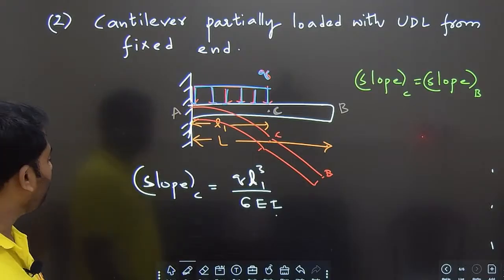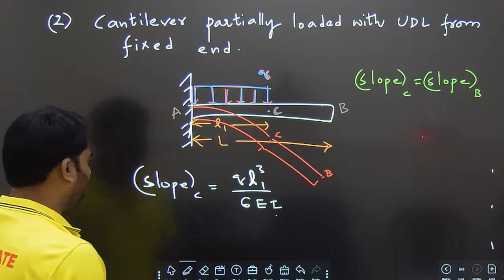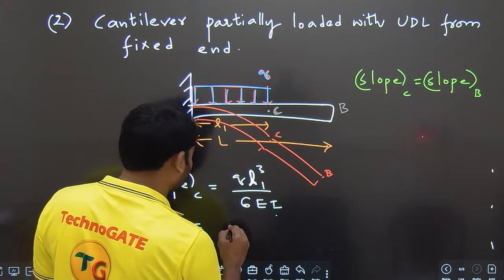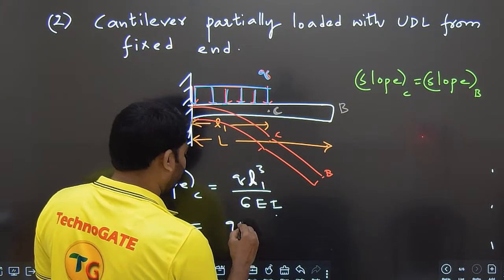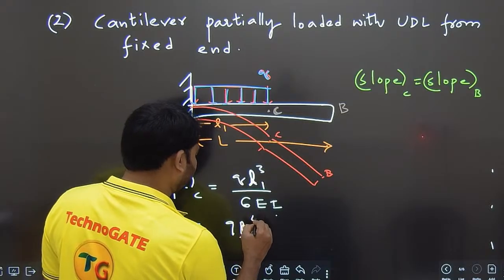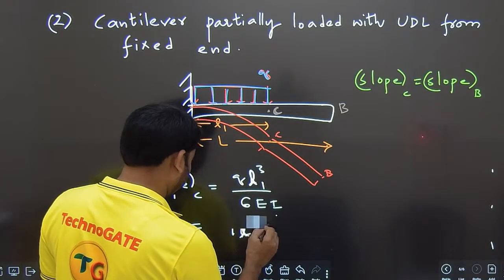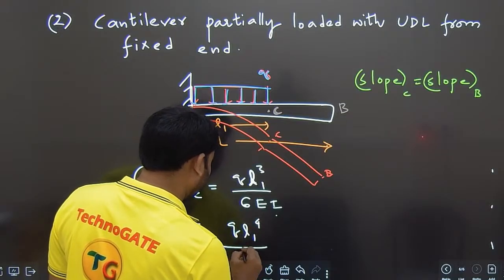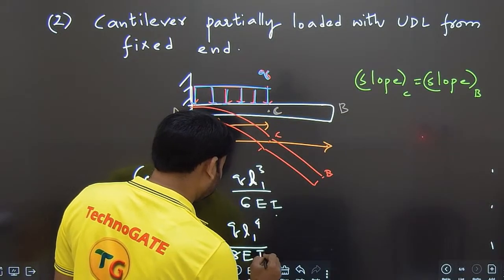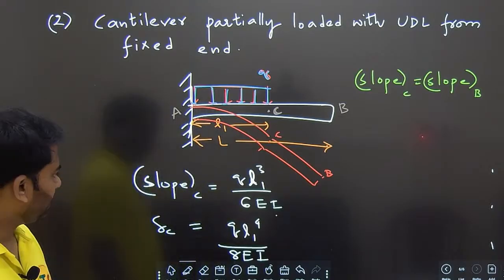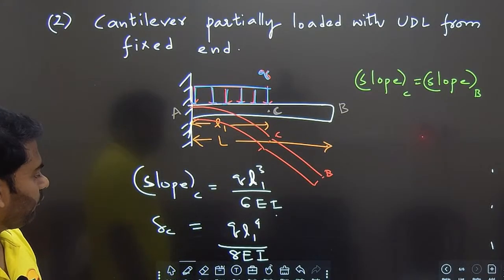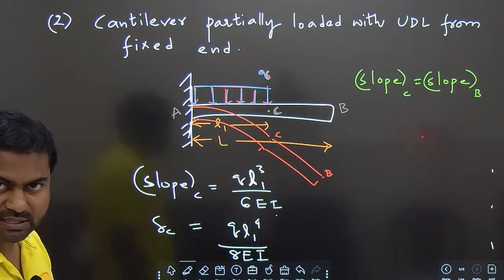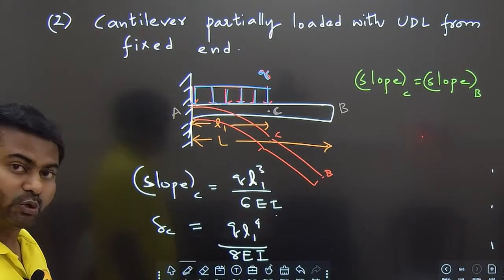This is the value of the slope at C, magnitude. And also deflection at C is equal to QL1 power 4 by 8EI. So we know the value of slope at C and deflection at C using the double integration method.